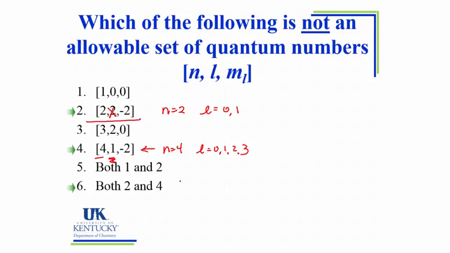But if we've narrowed in onto this L value, and we are in the P subshell, then the M sub L can only be -1, 0, and 1. It cannot be a -2. So there's the problem with that one. So you need to know what's allowed and what's not allowed based upon the connections between N, L, and M sub L.